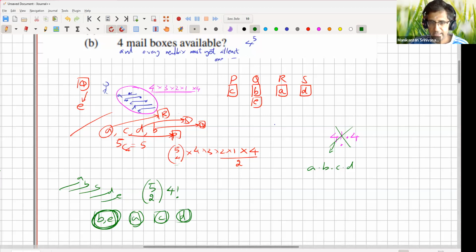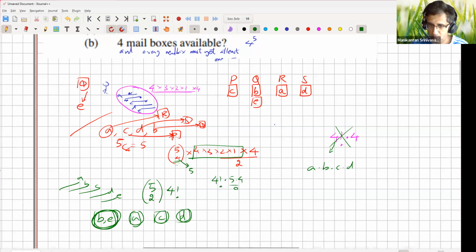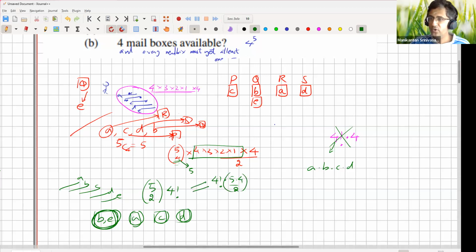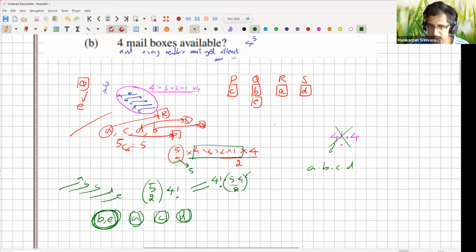This versus this. The 4 factorial is common here. And 5 choose 4 is just 5. So he has 4 factorial into 5 into 4 by 2, which is exactly the same as this, 5 choose 2 into 4 factorial. 5 choose 2 is this, except that he got it as 5 choose 1 here separately and the 4 here separately.